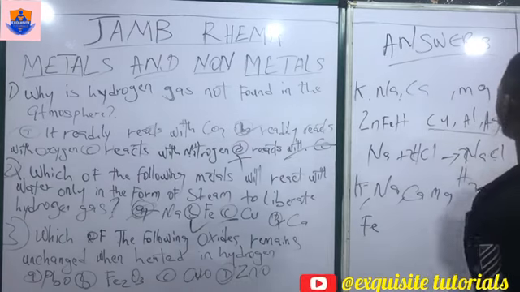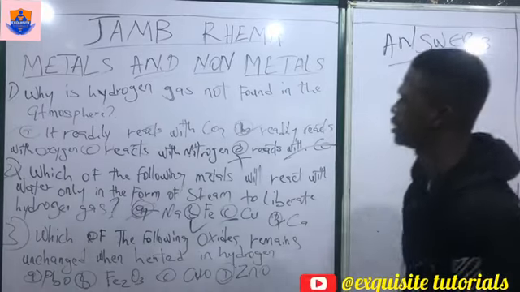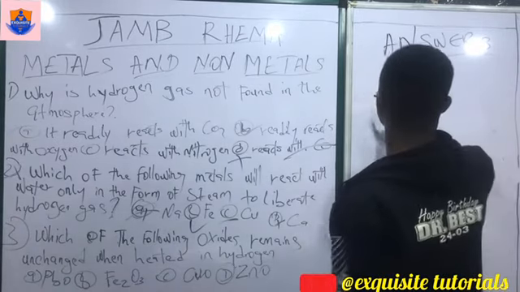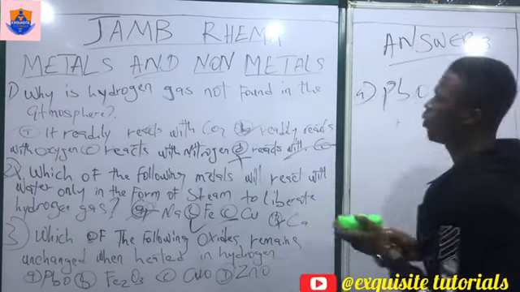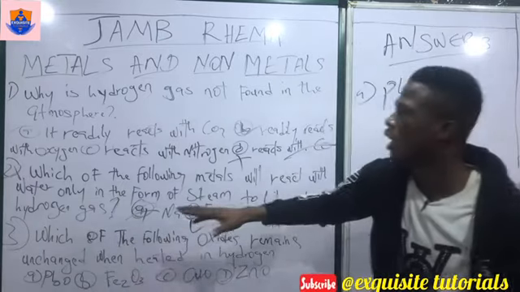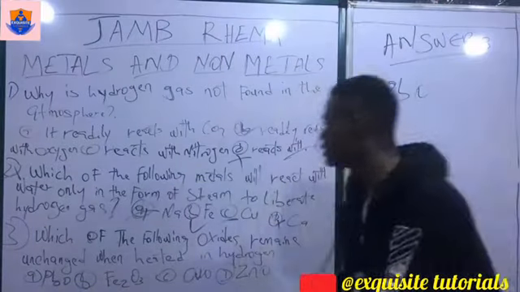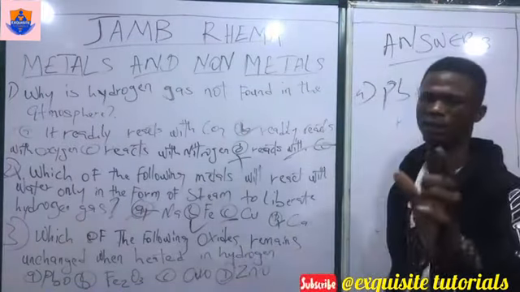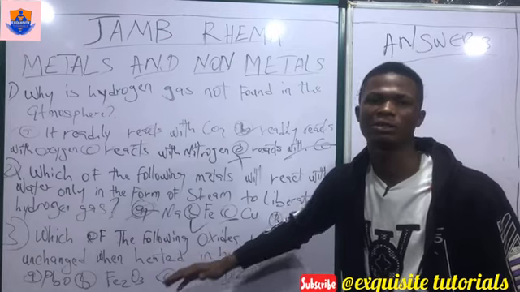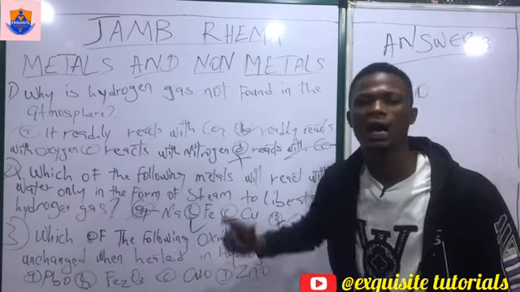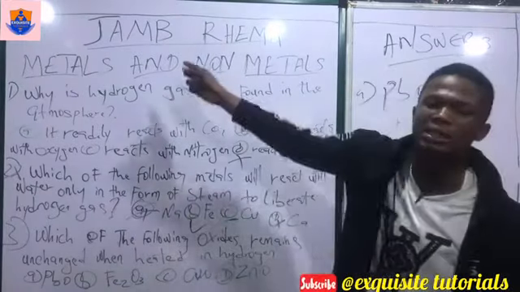Taking us back to our electrochemical series, let's assess our options. Option A said lead oxide. Now, what this question is trying to make us prove is that, just like we said, hydrogen cannot displace elements higher than it in the electrochemical series.